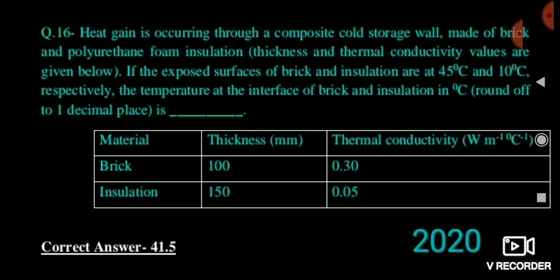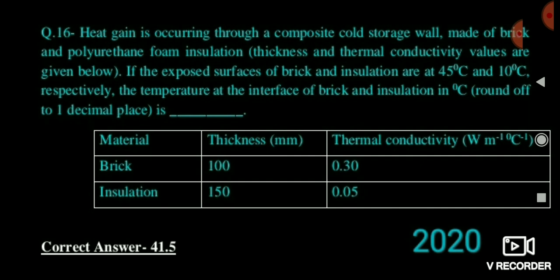Friends, now let us read the question. It is saying that heat gain occurring in a composite cold storage vault made of brick, polythene, and these things. The brick exposed surface and insulation surface temperatures are 45 degree and 10 degree centigrade, and the temperature of the interface of bricks in degree centigrade is equal, brick thickness is given, and the thermal conductivity of material.